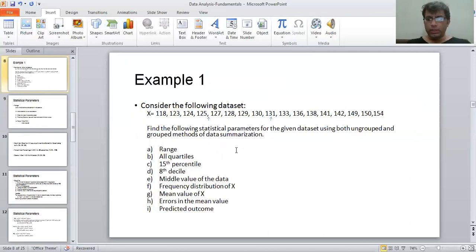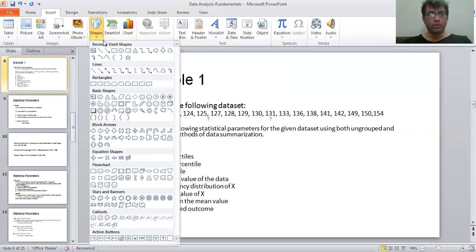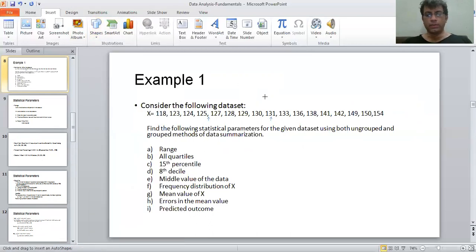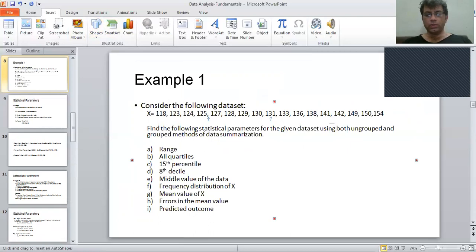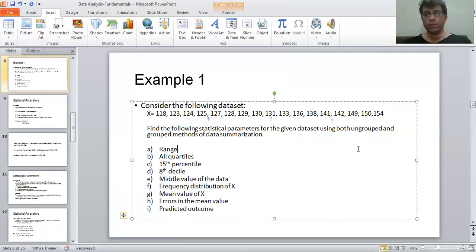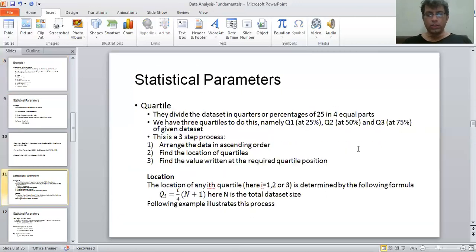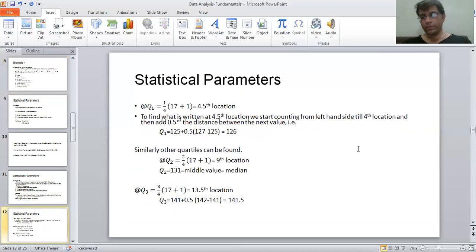In order to understand this idea, let's take a simple scenario. But before that, let's first put our Q3 value, which was somewhere over here, I guess between 141 and 142. This was for the Q3 position and value, which was 141.5.